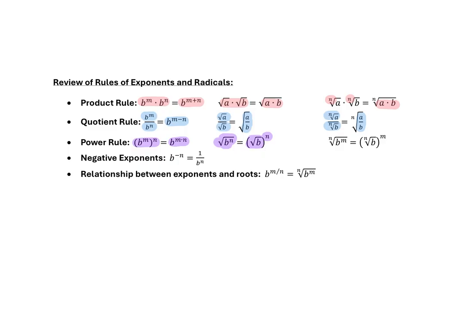Now remember that we do have the rule that we have to be dealing in the real number system. This is not true in the complex number system. Same thing applies for nth roots. You can either raise your base to the exponent and then take the nth root, or you can take the nth root of your expression and then raise it to a power of m.